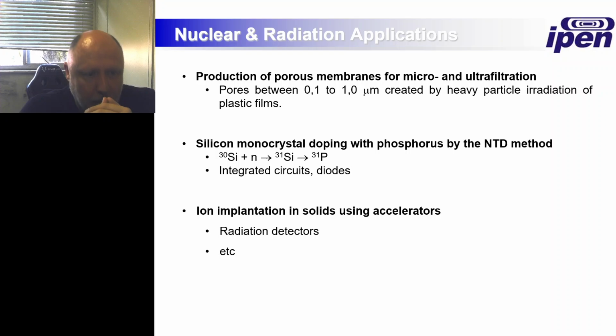So if you want to implant some ions in, let's say, your diode, you need to implant ions. We need that, for instance, for radiation detectors, but it's also very useful for other types of detectors and transistors. And you can implant those ions at a very specific depth by accelerating the ion you want to implant and letting it implant there.